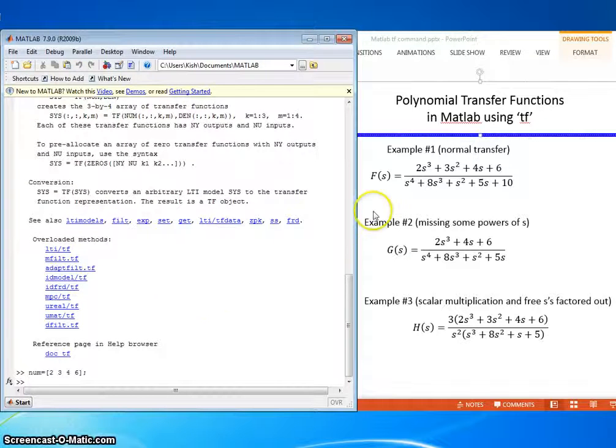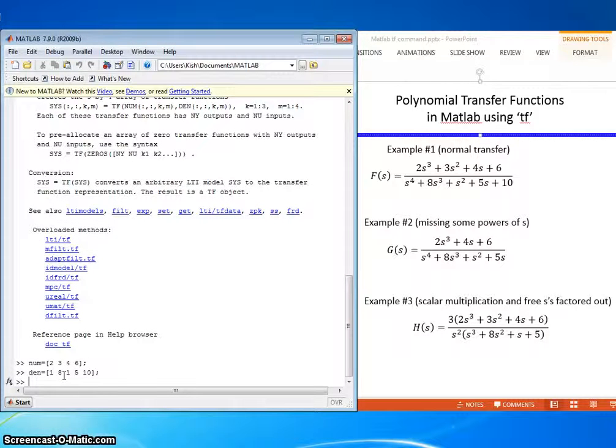Then I've got to grab the denominator, 1, 3, 1, 5, 10. Den equals 1, 3, 1, 5, 10. And then I just build the function using TF. So F equals the TF command, num, comma, den.